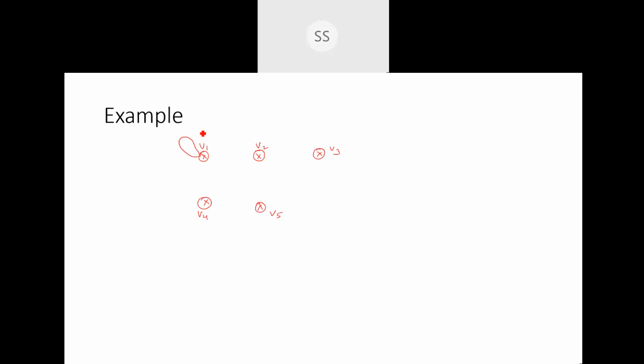There is a self loop here, which I can call G. Then I have an edge called A, another edge called B, another edge C, H, D, E, and F. So I think I've completed. I've taken a small example.